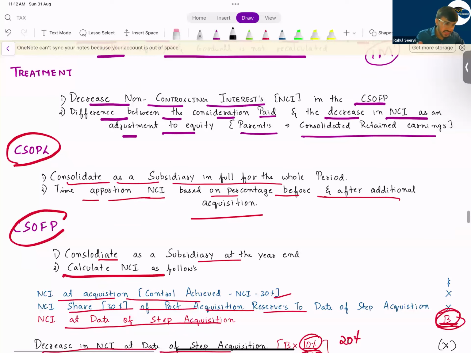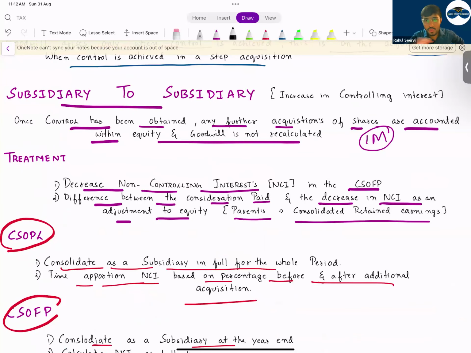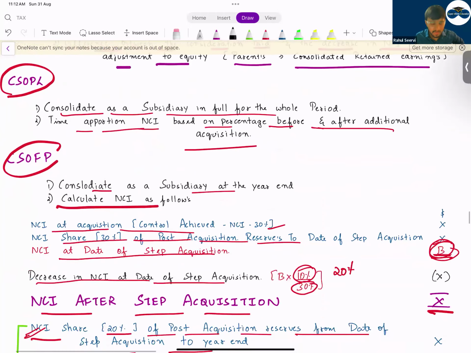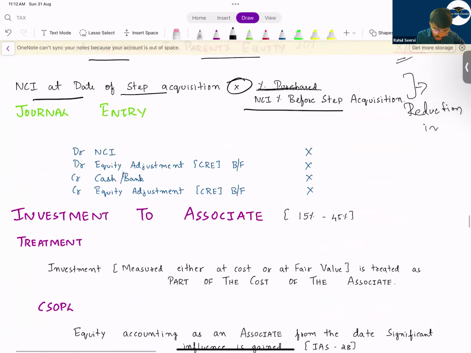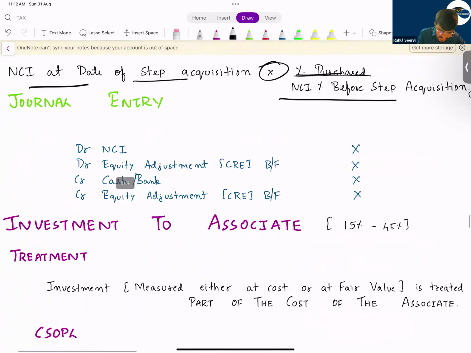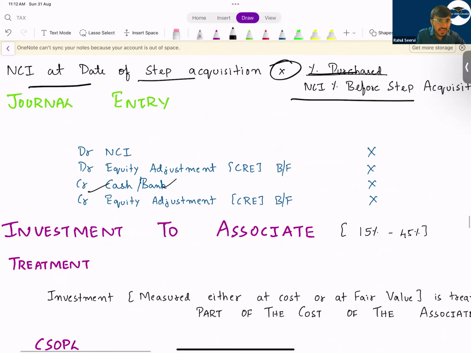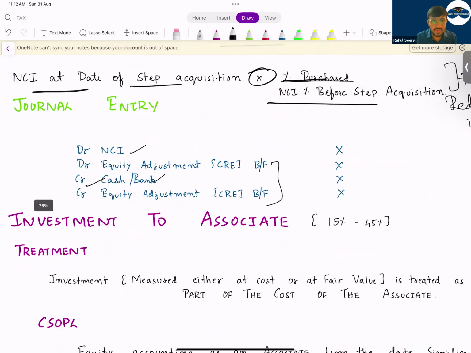So the adjustment will be done in equity. Goodwill will not be recalculated. We will decrease the value of the NCI and whatever is the adjustment we record in equity. So now, what is the entry? Journal entry. Sir, cash is going out, credit cash, NCI is reducing, and whatever is the balancing figure will be a gain or loss. So this was case one, from subsidiary to subsidiary.